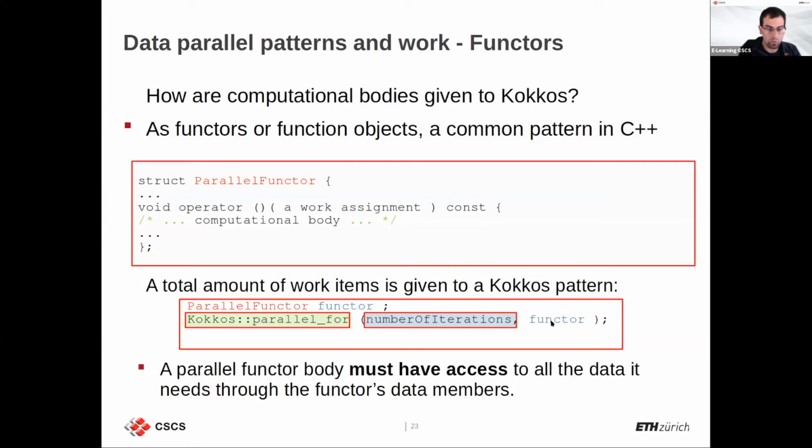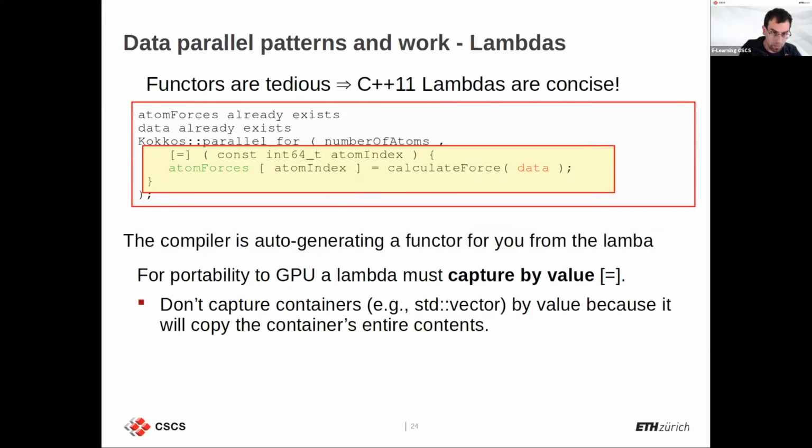We'll see a bit later. And besides the functor, there are other ways to pass data, which are lambdas. In 99% of cases, lambdas are the way we pass work to a generic Kokkos parallel pattern, in this case a parallel for. Why?